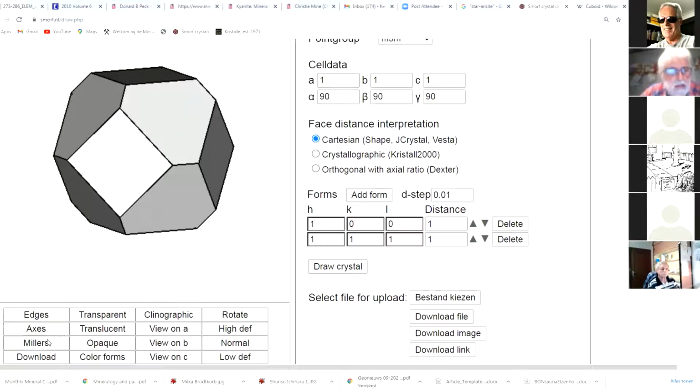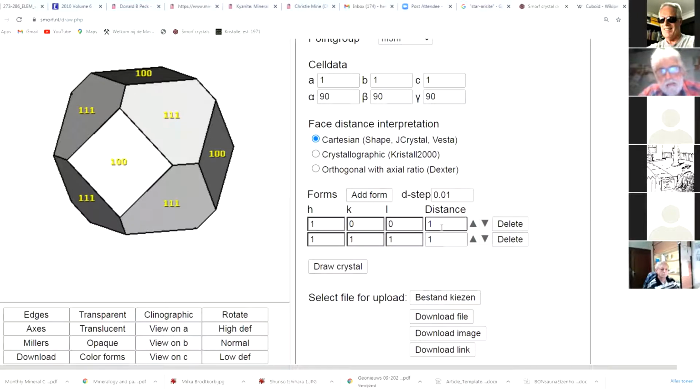If we click on Miller's, you will see these are the cubic faces. That one too, that one too. And these are the octahedral faces, okay? The 1, 1, 1 face. And so by playing a little bit with these distances, you can make one form more important than the other.